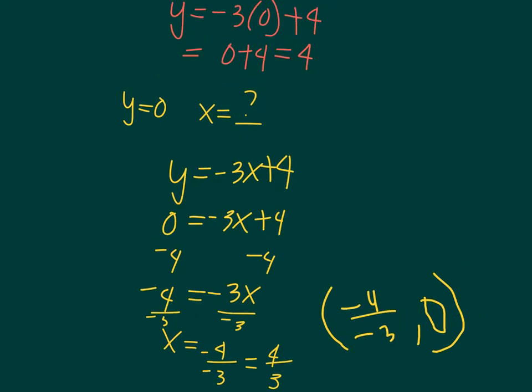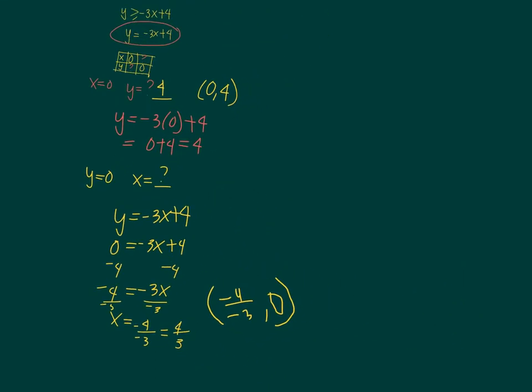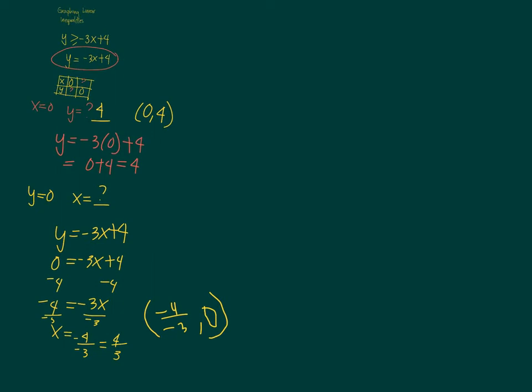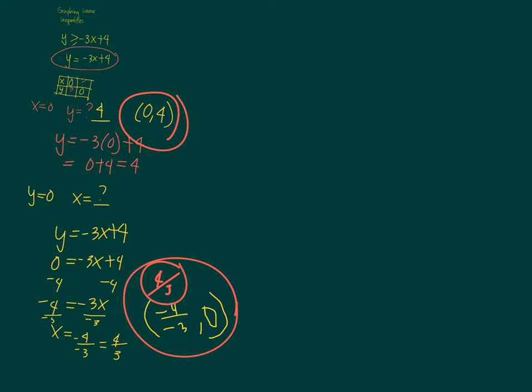So let's collect the 2 points. We have 0, 4 and 4 over 3, 0. Okay, so when we graph, we create x and y axis. 0, 4 means when x is 0, y is 4.